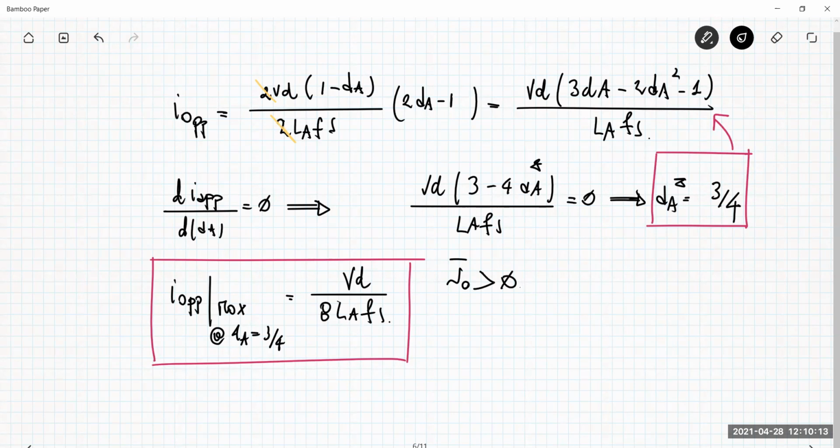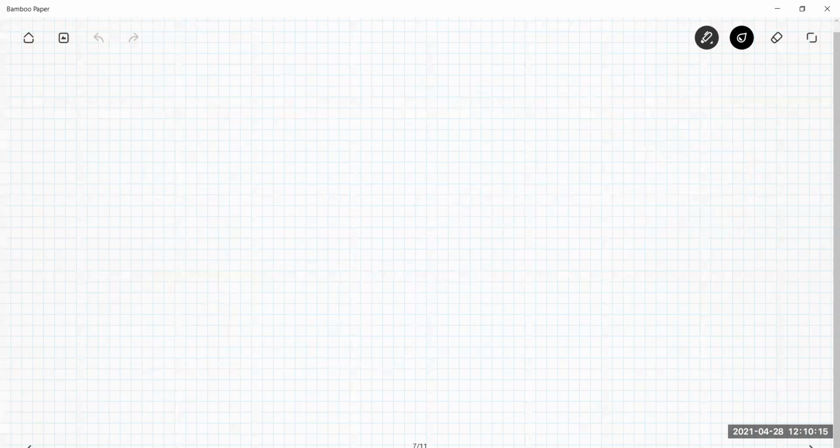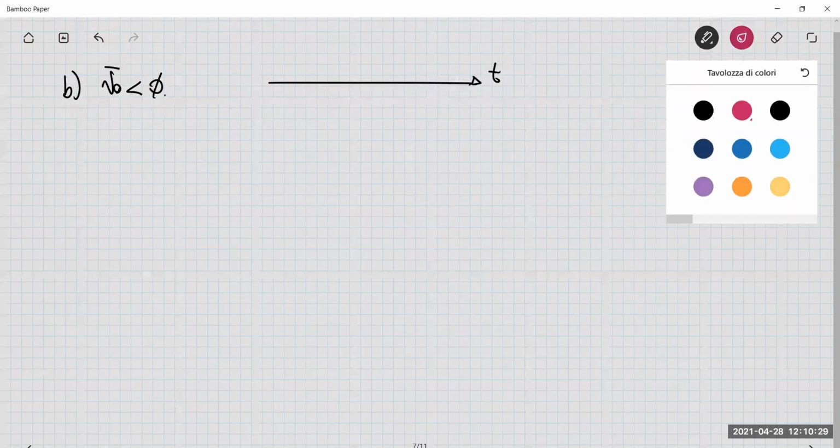What happens when the output voltage is negative? So let me put the case B. Output voltage average value is negative. Now the situation is that the output voltage is totally negative. Something like this.